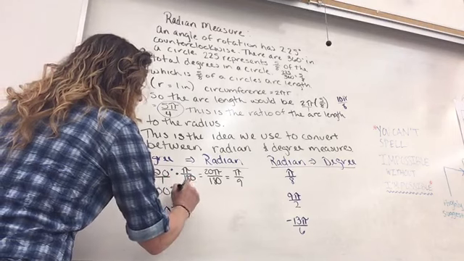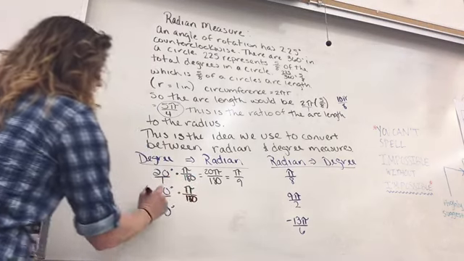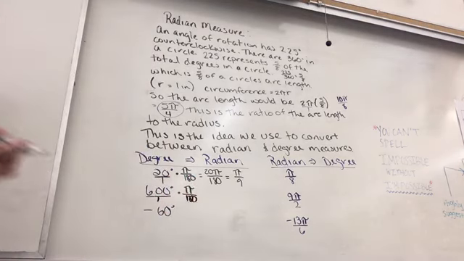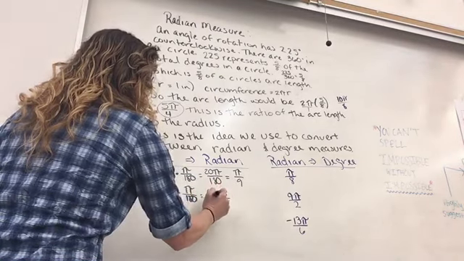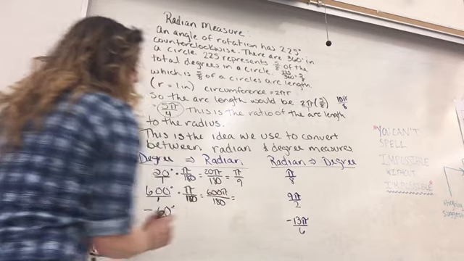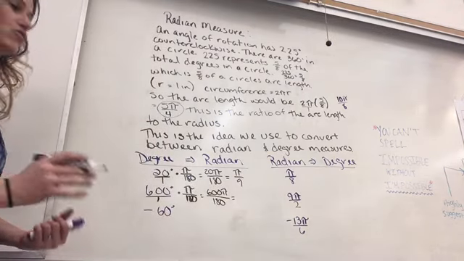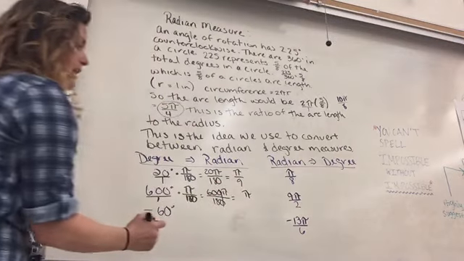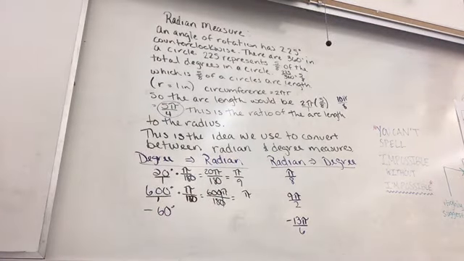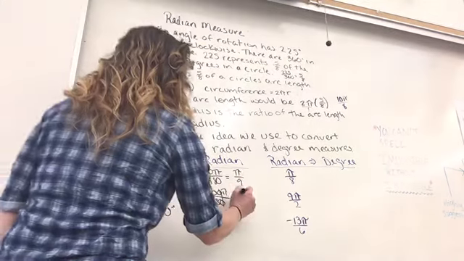We're still doing pi over 180. So 600 degrees times pi over 180 gives me 600 pi over 180. And when I reduce that down, you can use your calculators if you need to. Those cancel out, and we get, what is that, 10 pi over 3?